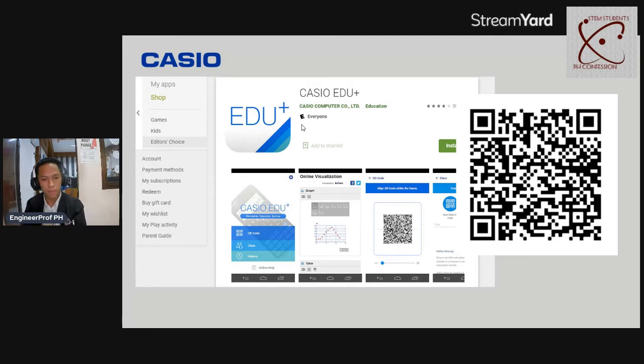We can graph it, and we can see the step-by-step solution of the problem by just scanning the QR code. So we need this app to do that. I encourage you to install it before we proceed.